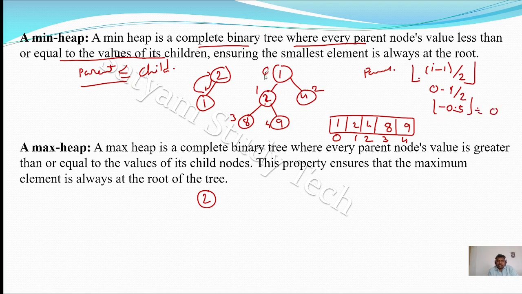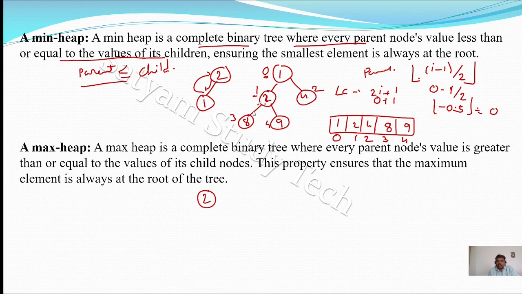So here it is 0, right? You also have to find the left child of this i. How can we find it? 2i + 1. So the i value is 0, right? 2 into 0 is 0, plus 1, so 1.